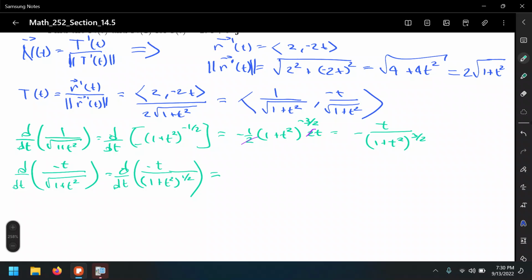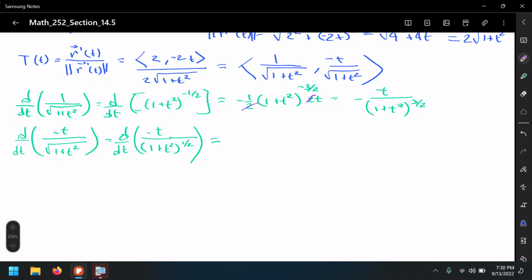And for the quotient rule, let me write down the formula just so you can see what I am doing here. So that's the derivative of u over v. That's u prime v minus v prime u, and the whole thing over the denominator squared. All right, that's the quotient rule. Let's see it in action with this function right here.